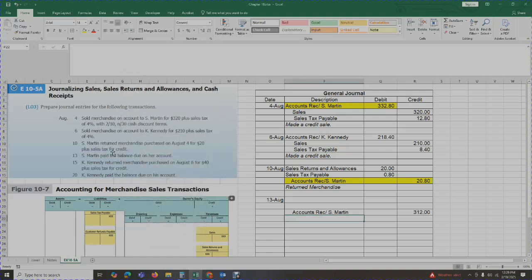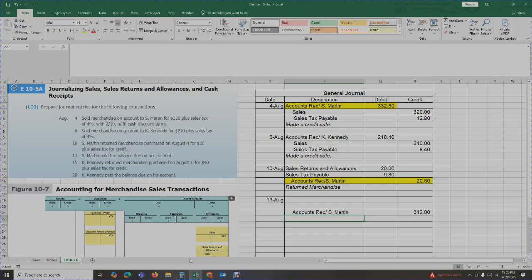Now, we need to look at the August 4th entry. It says here that if you pay within 10 days, you get a 2% discount. Martin purchased the items on August the 4th. Martin paid the balance on the 13th. That is less than the 10-day mark. So that means that we're going to get a 2% discount.